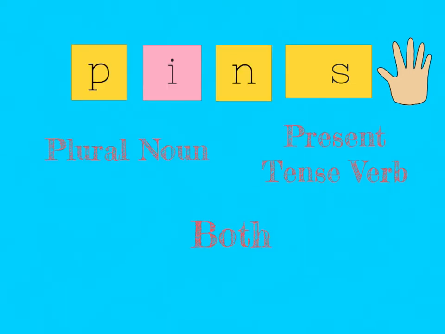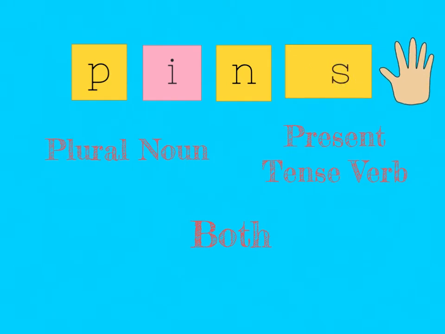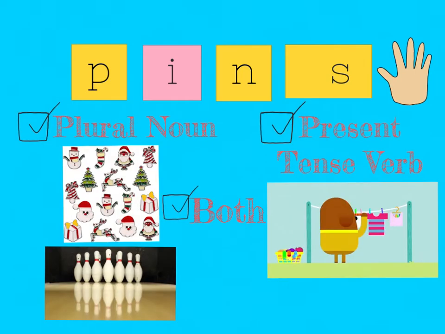Try this next word. Cover your suffix. Tap the base word. P-I-N, pin. With our suffix, the word is pins. What do you think? Is it a plural noun, present tense verb, or could it be both? If you said both, you are correct.